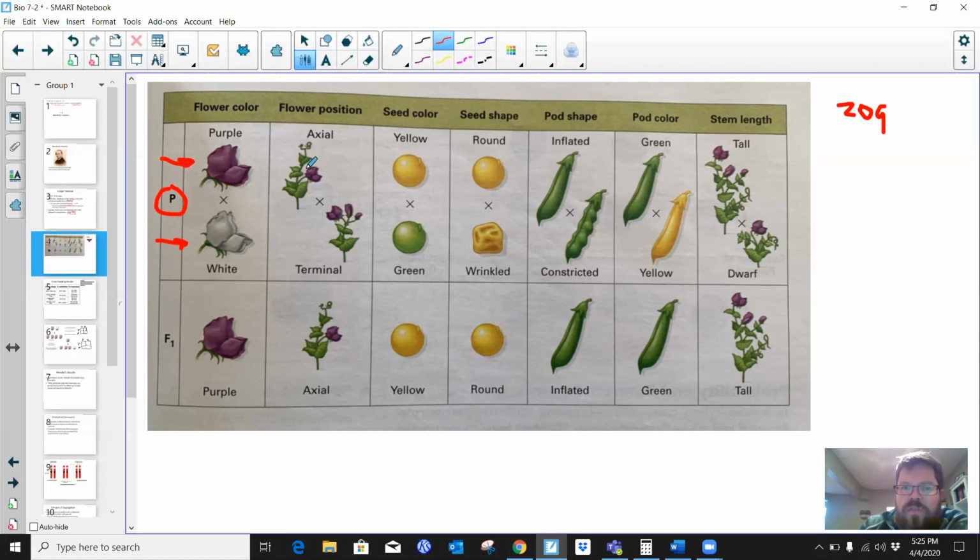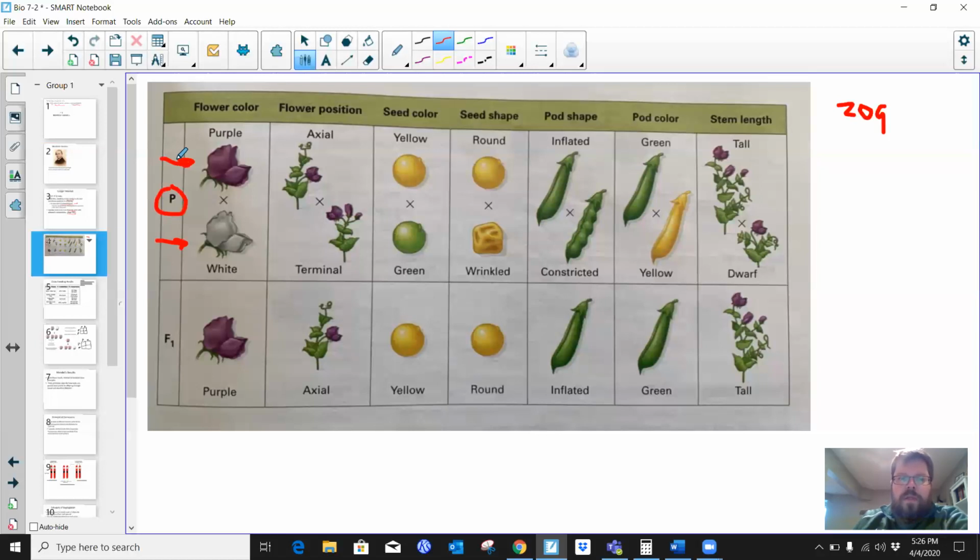Axial location of the flower, which is off to the side, or terminal, which is at the top or the end. Plants that would have either yellow pea seed colors or green, round, wrinkled. You guys get the idea. So he would have these true breeding plants.